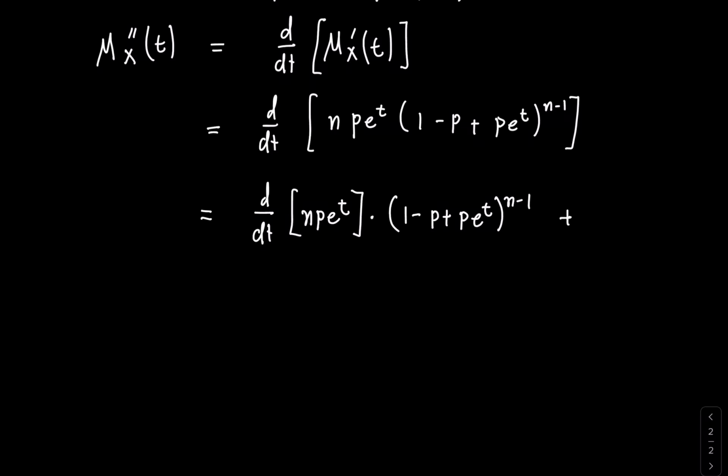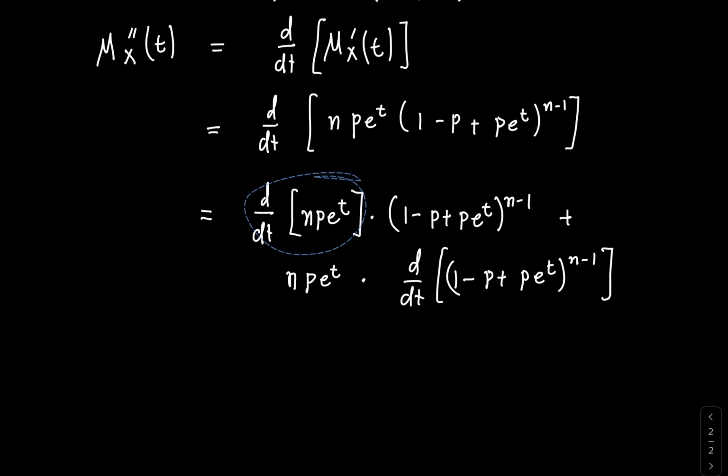And then we're going to add the first expression, n p e to the t, times the derivative of the second expression here, and I'm just going to put it in brackets for clarity. Now, the first derivative here at the top is actually quite straightforward. We can easily write that.